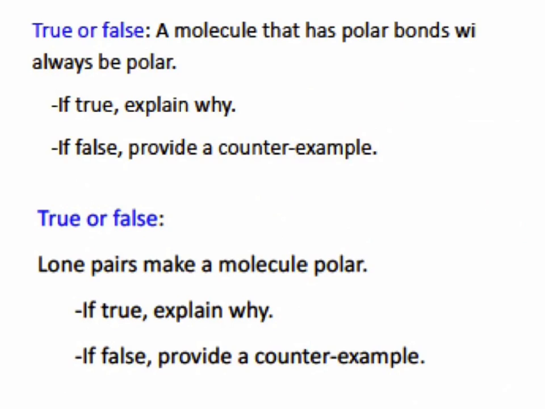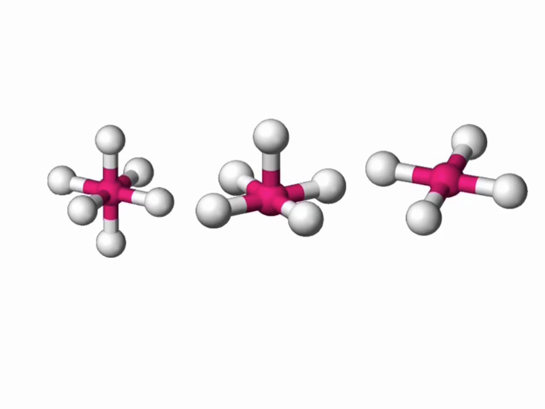Our last family is the octahedral. When you hear the word octa, what do you think of? 8. Now, this does not mean 8. This is octahedral. There's 8 sides, but it has 6 bonds to it.